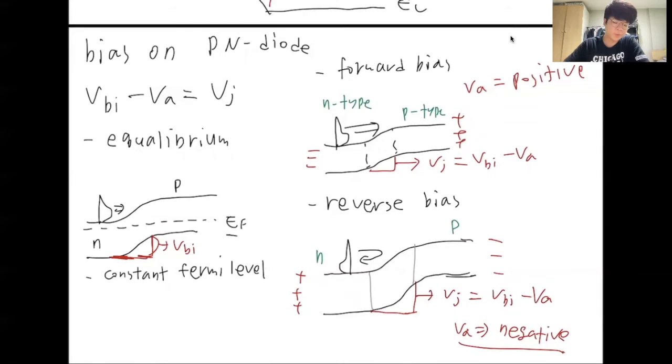The Fermi levels are constant, and there is a Boltzmann tail, which is the product of the Fermi-Dirac distribution and the density of states.